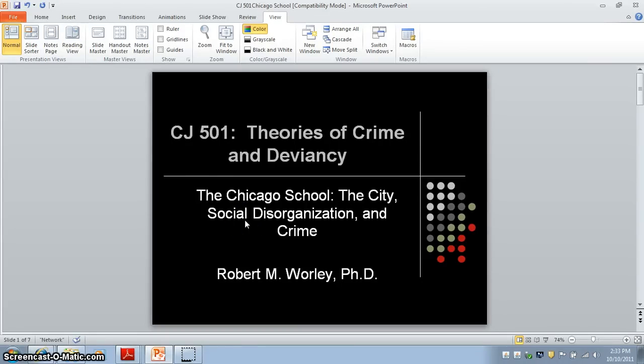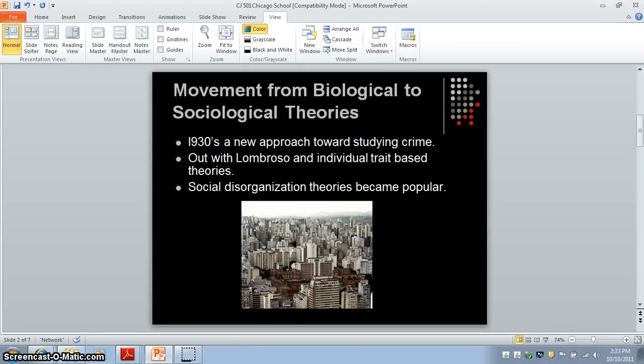In the 1930s, a new approach emerged towards studying crime. This approach, which has been referred to as social disorganization theory, emphasized that crime may very well be due to structural causes rather than individual traits that were proposed in the work of Cesare Lombroso and similar others.